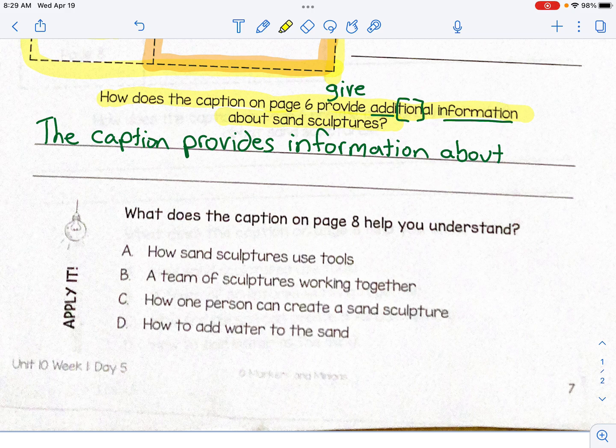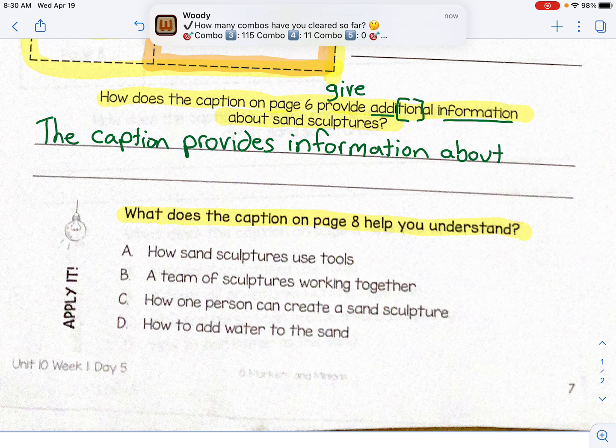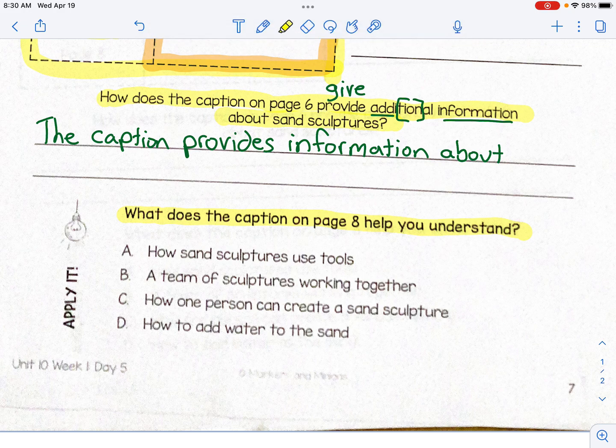Okay, welcome back. Let's look at the last question. It says, what does the caption on page 8 help you understand? So the caption on page 8 says, some sand artists work in teams. This sculptor prefers to work by herself.